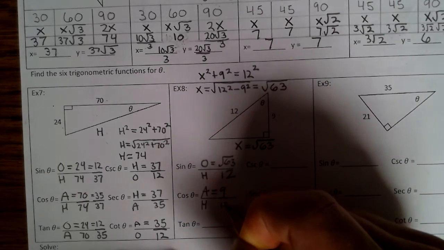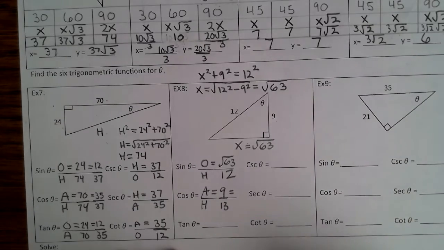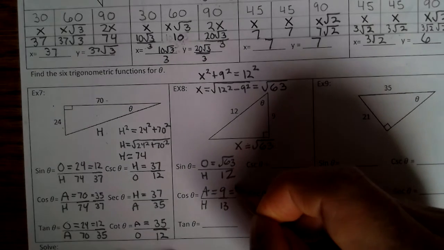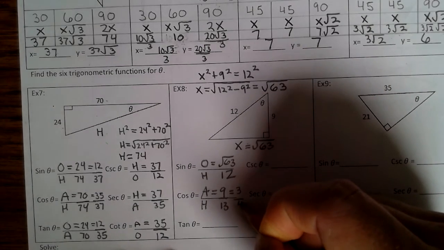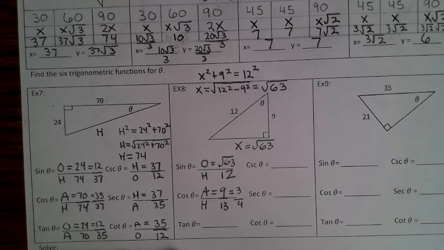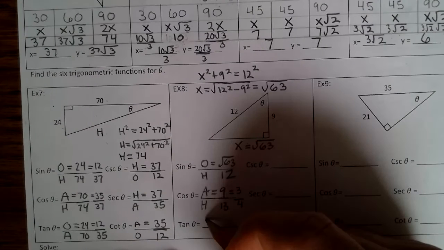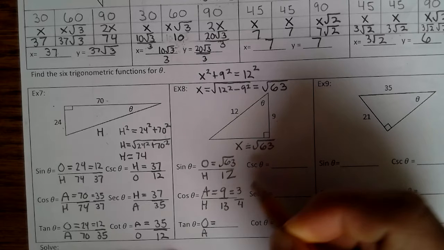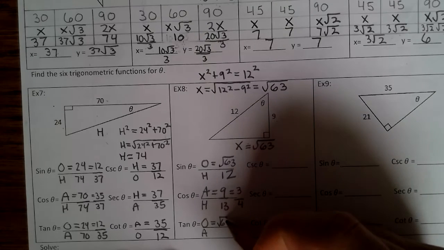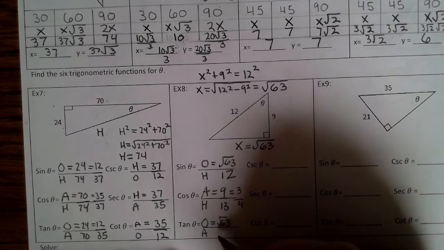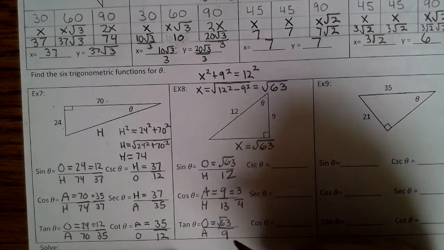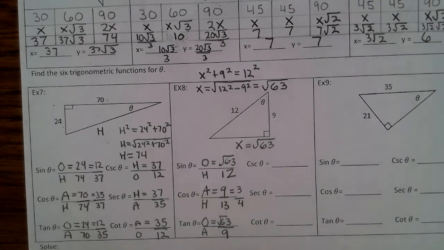And then tangent is opposite over adjacent. Opposite is square root of 63, and adjacent is 9. Now cosecant is hypotenuse over opposite, so that would be 12 divided by square root of 63.